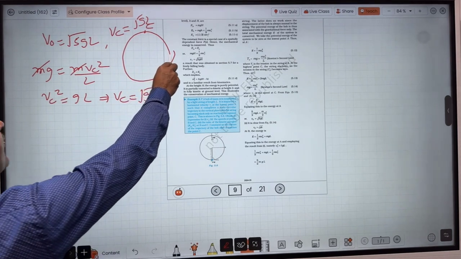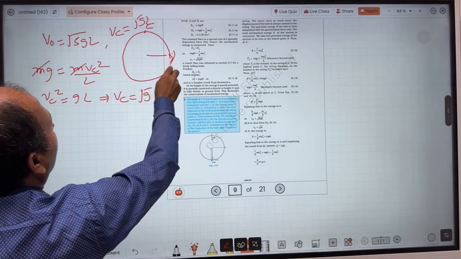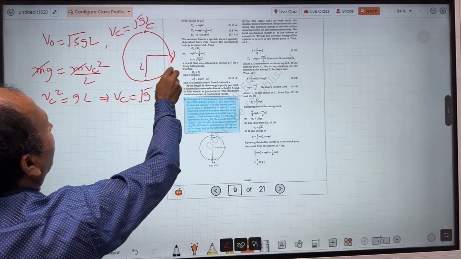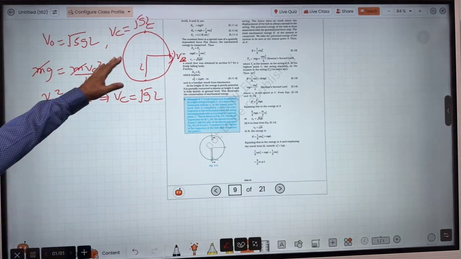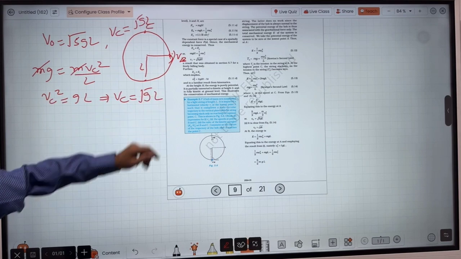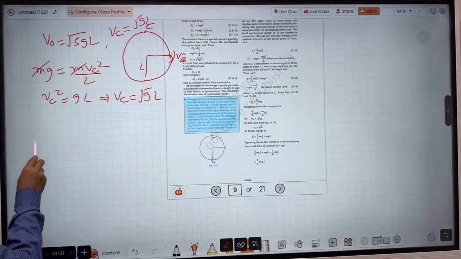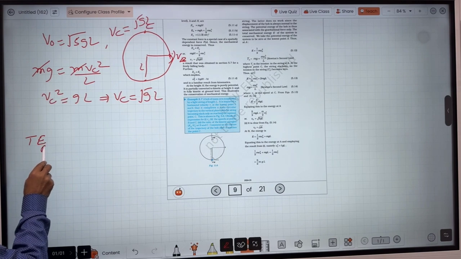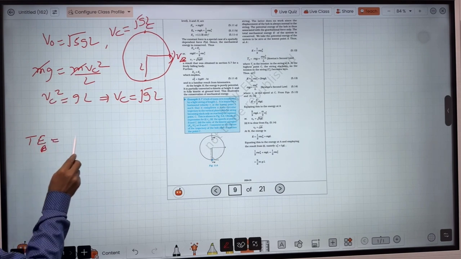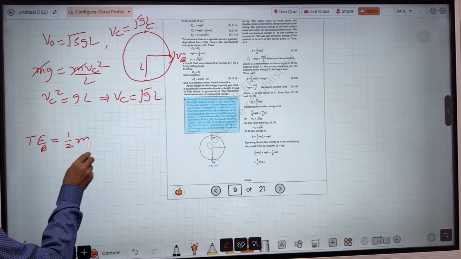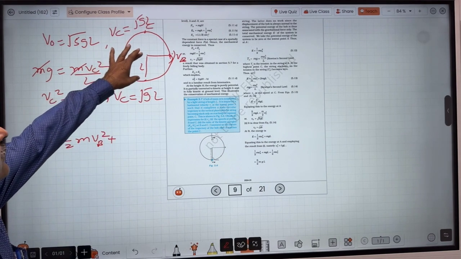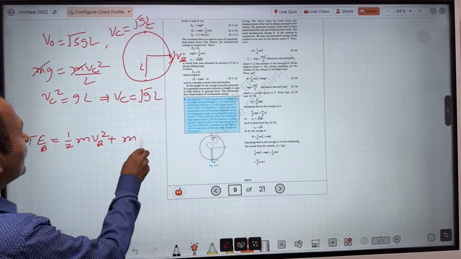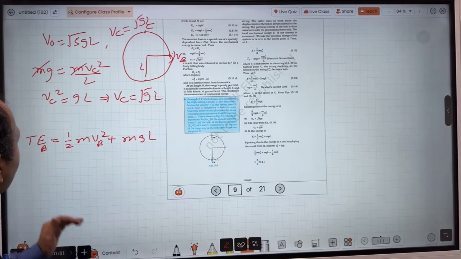Now at point B, which will be at height L, say velocity is vb. Total energy at this point should also remain conserved. So total energy at point B will be equal to half m vb square plus its height is L, so mgL.